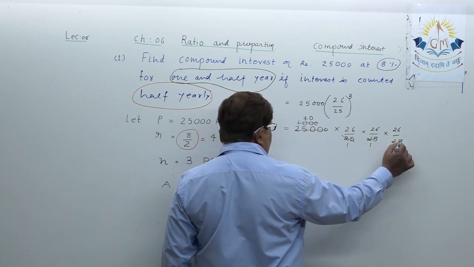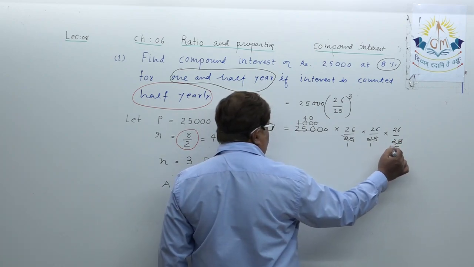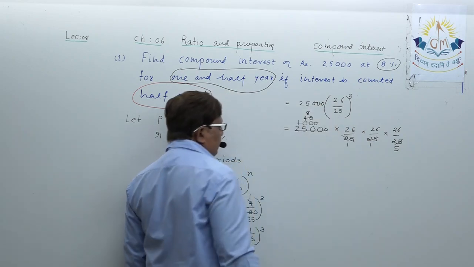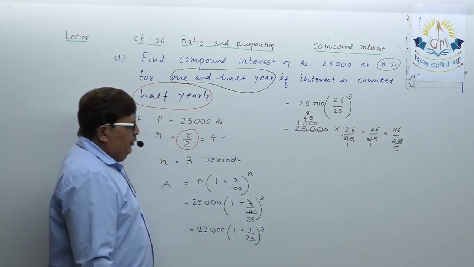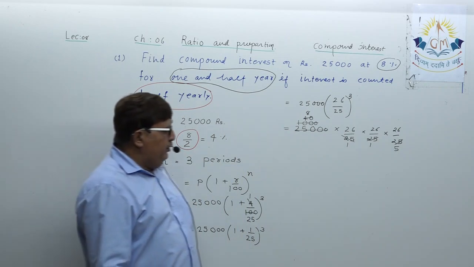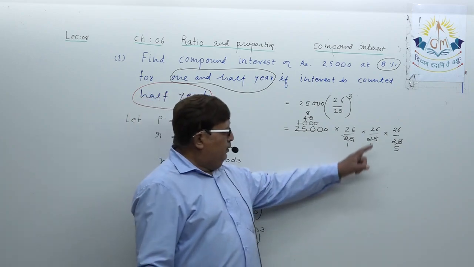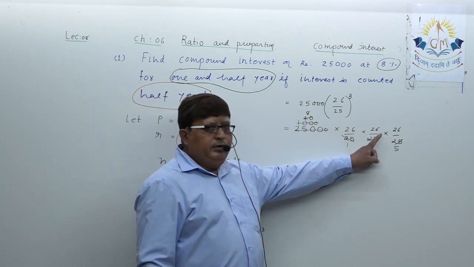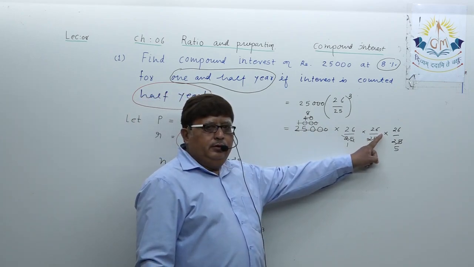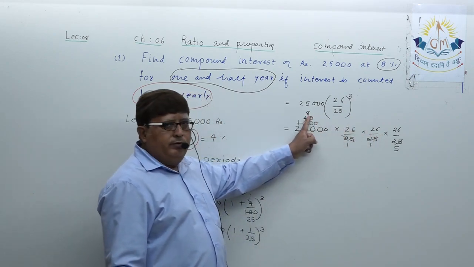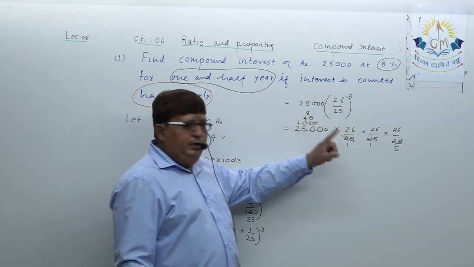Is it possible? Yes. 5 ones are 5, 8. Whatever cancellation is possible has been done. Now in the numerator, 26 into 26 into 26 into 8.